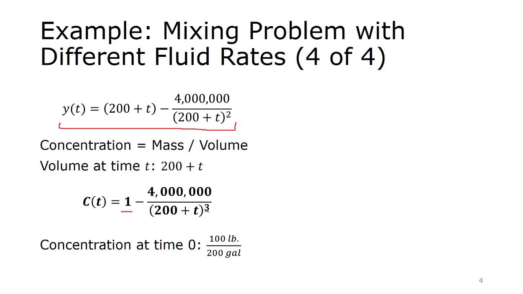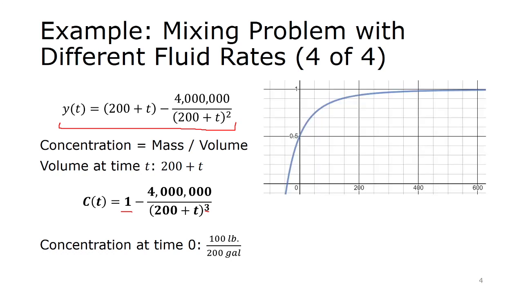A graph of this one is pretty revealing. I changed the scale a little bit because concentrations obviously are much smaller than the actual weights. But notice we've got that initial condition that we expected, a height of 0.5 at time 0. And notice that concentration is increasing, but the end behavior is a little bit easier to identify here. Right? It's not going off to infinity at a certain pattern, it's actually leveling off at a concentration of 1.